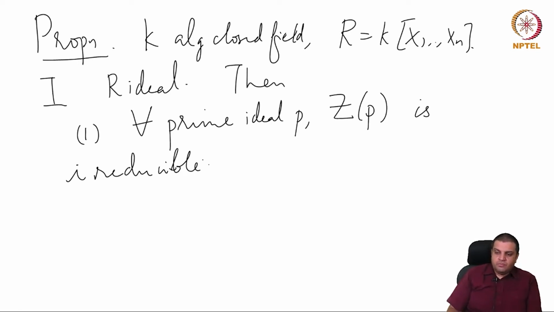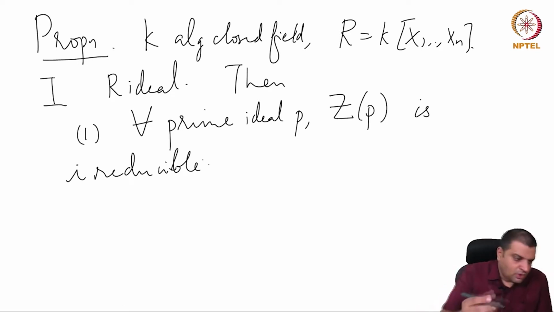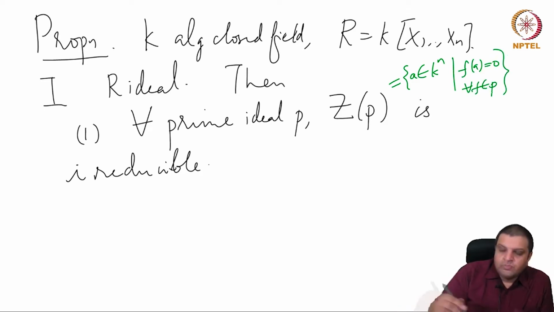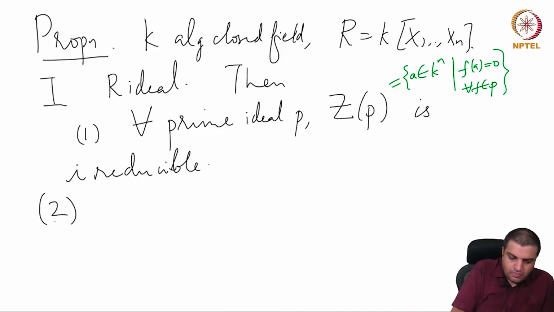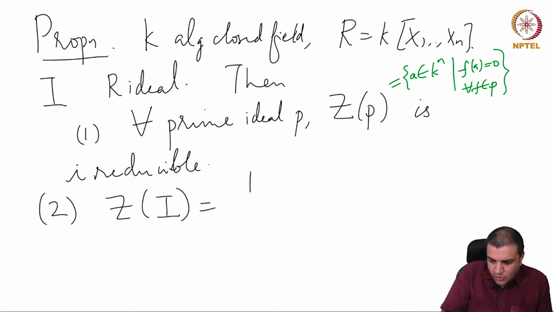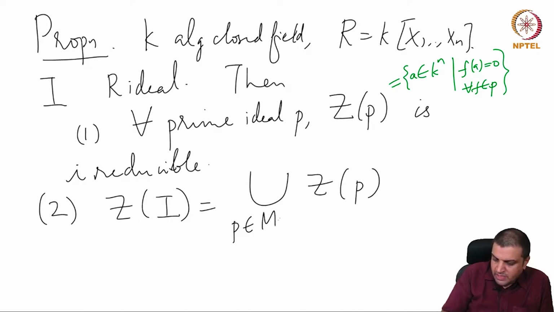Recall Z of P is what we had at the very beginning called V of P. This is the set of all A inside K^n such that f of A is 0 for all f in P. Second, Z of I is the union of Z of P, where P is in min R mod I.